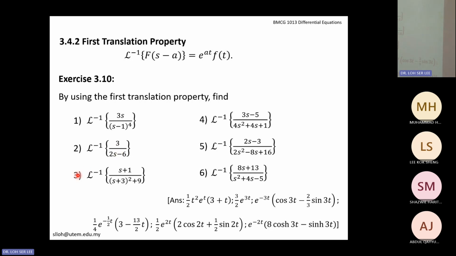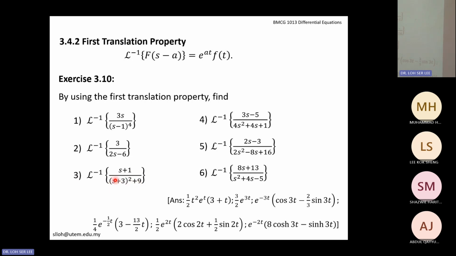But if you look at question number 3, in your list of formula, you do not have a formula for s plus a or s minus a squared plus a squared. You do not have such a function. So we have to apply the first translation to get rid of this plus 3, so that you have s squared plus 9 only at the bottom.